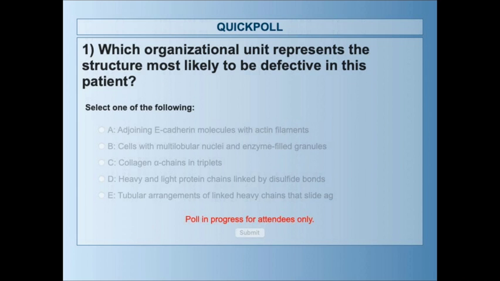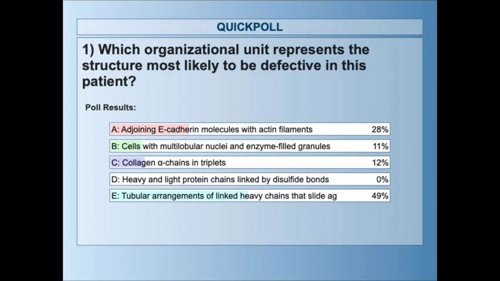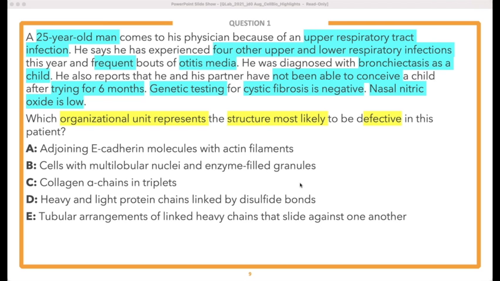So I'm going to close the poll, and we're going to share the results. Almost half of you went with option E, tubular arrangements of linked heavy chains that slide against one another. But quite a few of you also went with option A. So we didn't get anyone to bite on answer D. So with that, let us close the poll and answer the question.